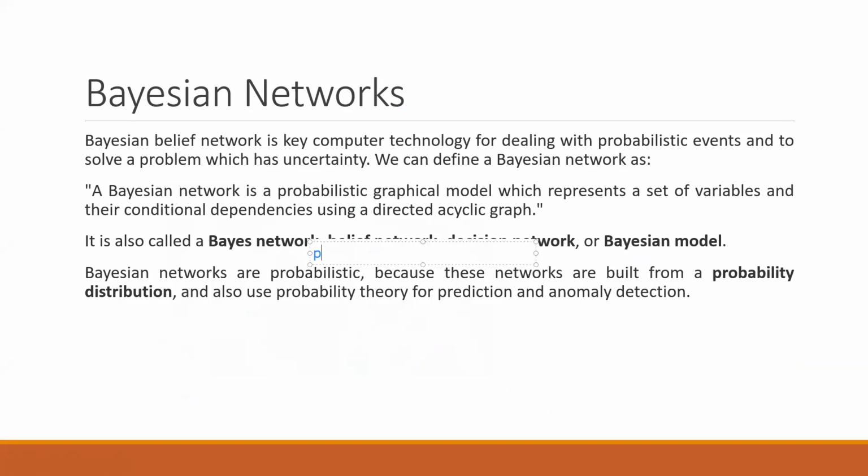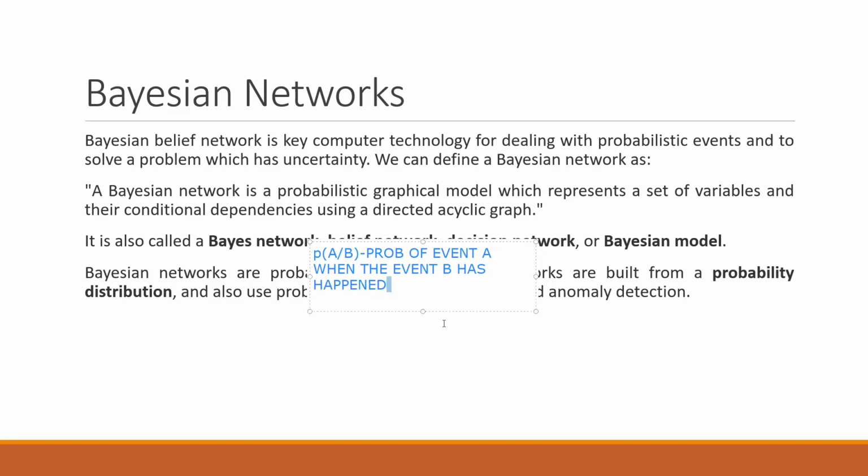Whenever we have probabilities like P(A|B), this denotes the probability of event A when the event B has happened.